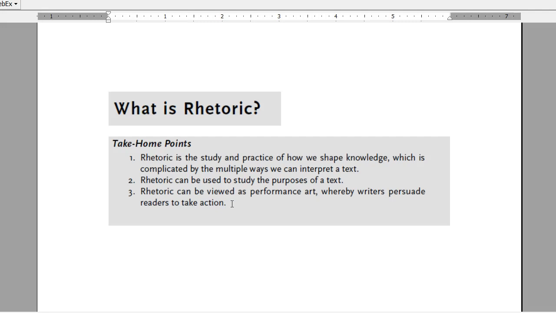It's the art of using words to persuade your audience. And in short, truly, rhetoric is the art of using words or any kind of communication to persuade your audience. Using rhetoric or not using rhetoric to your benefit, either way, can change a message.